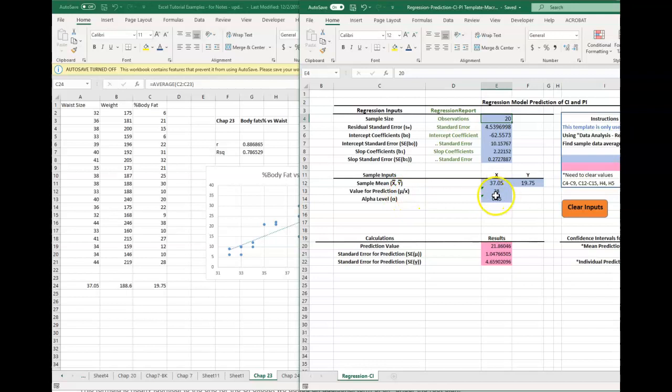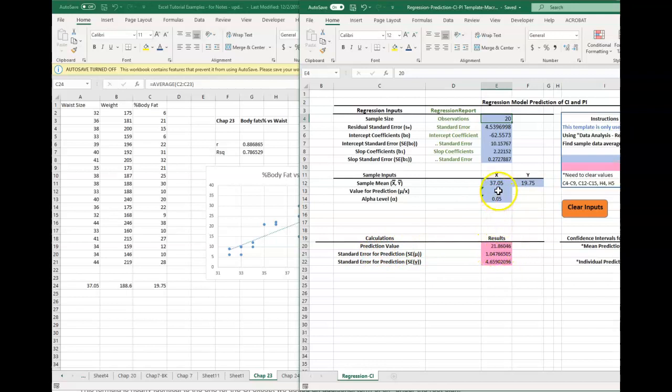And then the predicted value, so let's insert either a mean value or an individual x value. In the example, we use 38. We want to predict with 38 as our input value, given x is 38, and the alpha value is 0.05. And then the predicted value corresponding to this 38, our y value.